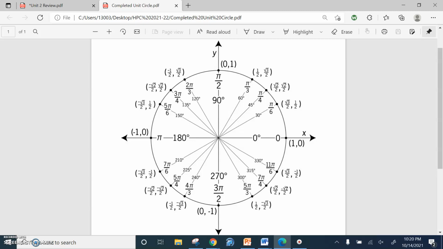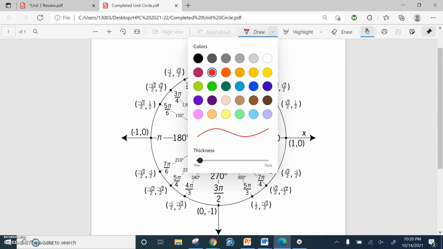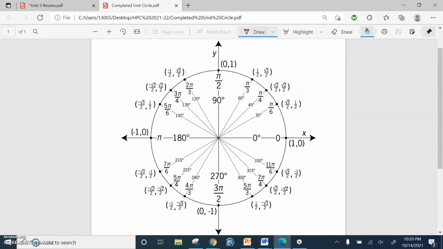So if you remember the idea behind this, I can draw maybe in red. If I drew a triangle that encompassed this angle pi over 3, here's the angle pi over 3. And when we do that, we know that the hypotenuse in the unit circle is 1 by definition. What else do we know about this?